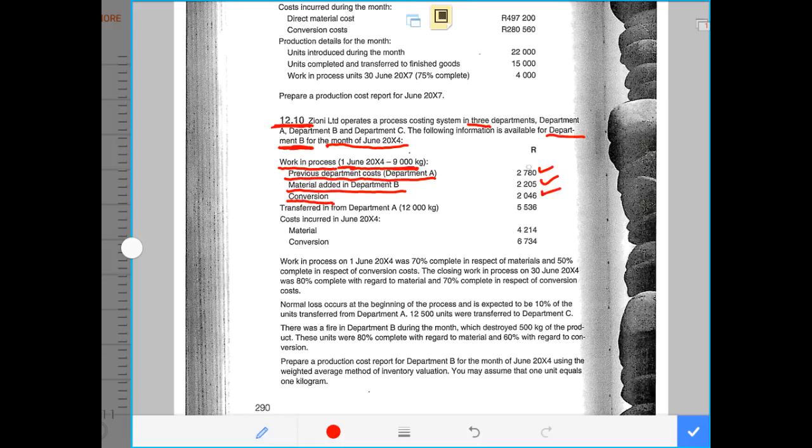So now these are the costs that were incurred from the previous department, and these are the costs that were incurred from the current department.